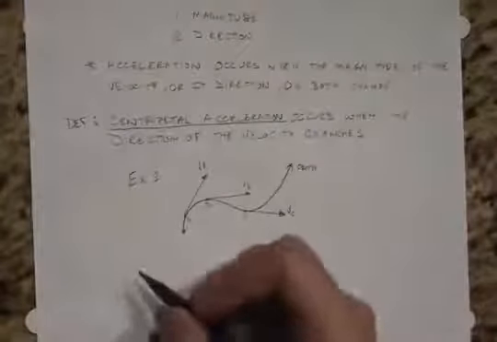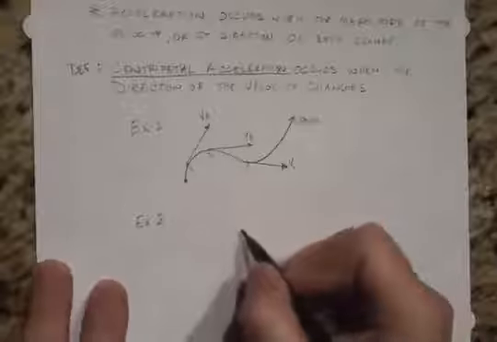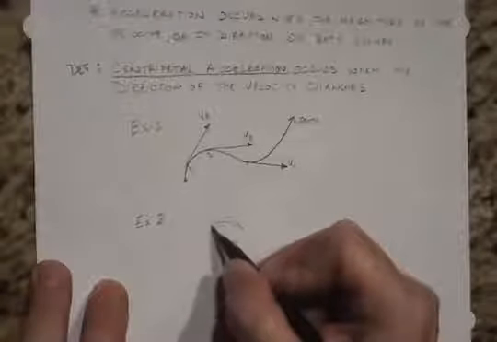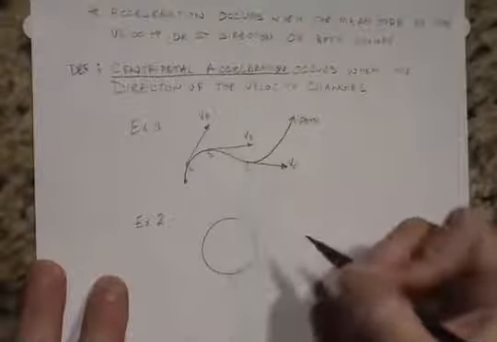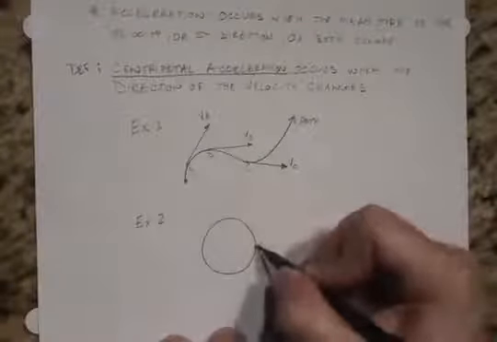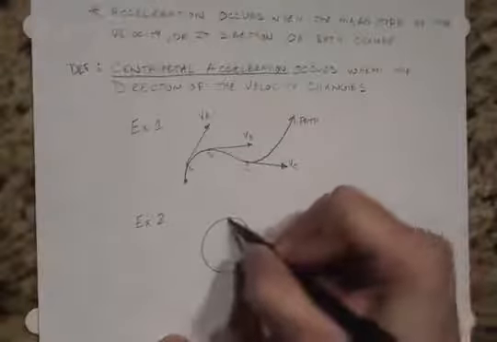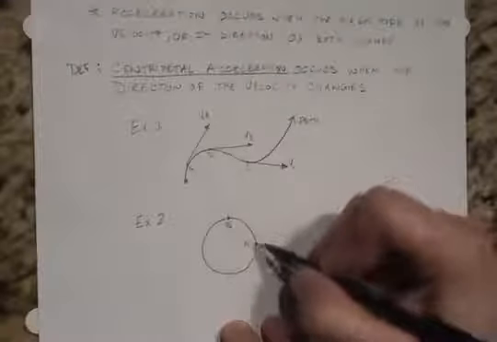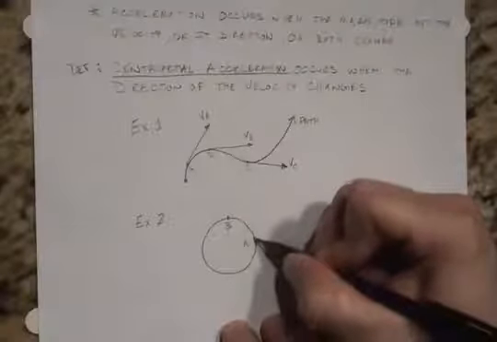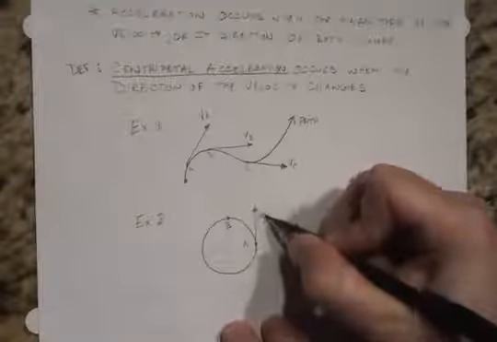So let's look at a second example. This time, let's not just make a curved path, let's actually make a circular path. And we'll pick 2 points again, point A and point B. So again, at point A, we would find a velocity which points tangent to the path.